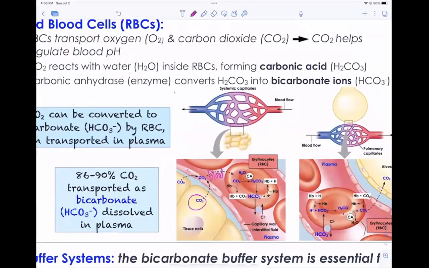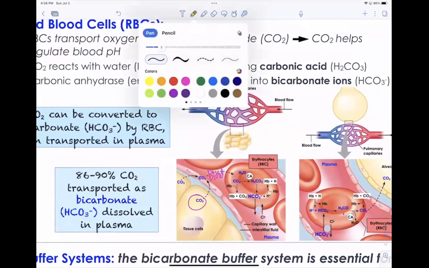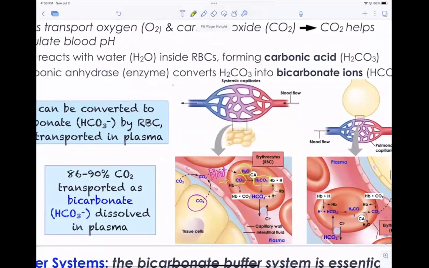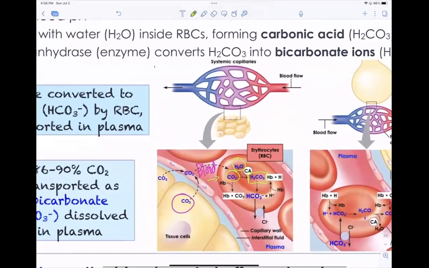So this is blood right here. And that carbon dioxide is going to go into the red blood cell, and it's going to combine with water to form carbonic acid. Now, carbonic acid can dissociate or split into a bicarbonate ion, which is the base, and a proton, which is the acid.